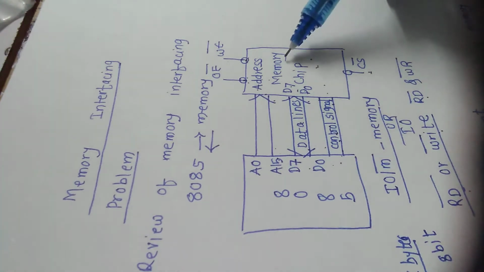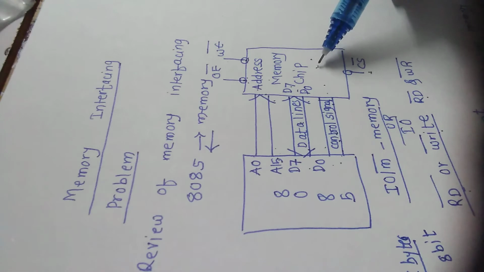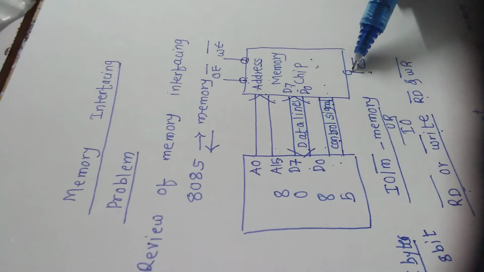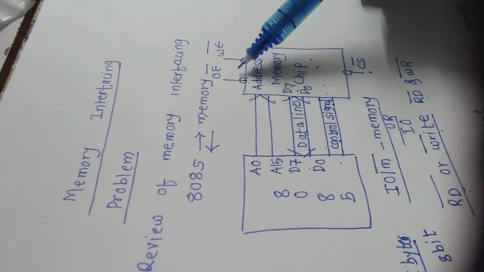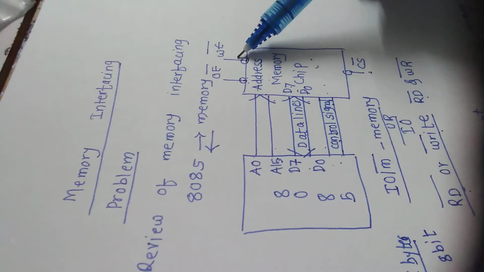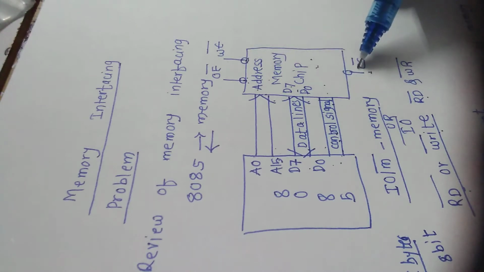Now, the memory chip has three signals or three pins, which are the chip select, the output enable and the write enable. To select the chip, an active low signal is to be provided to this memory chip.